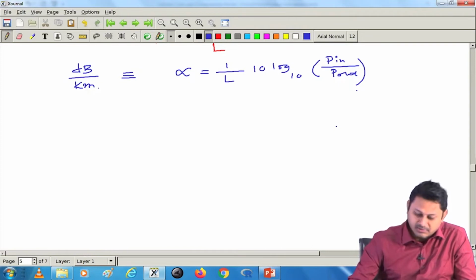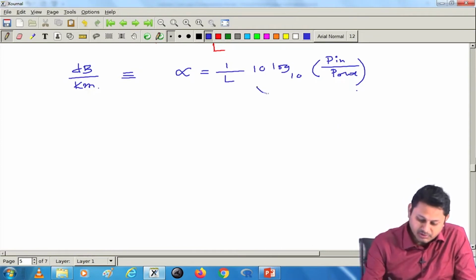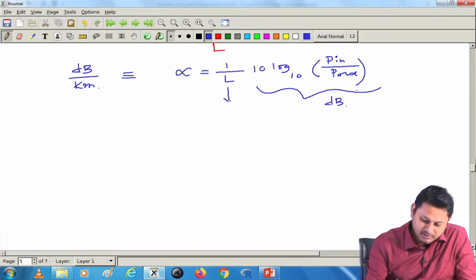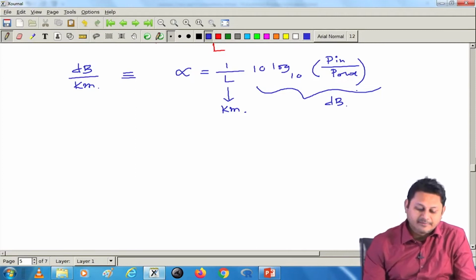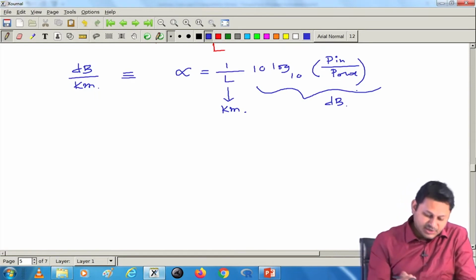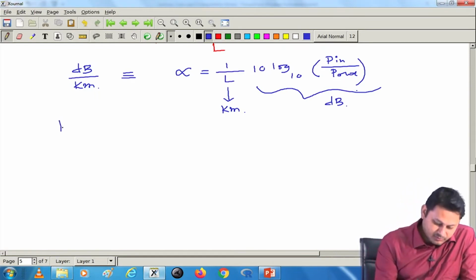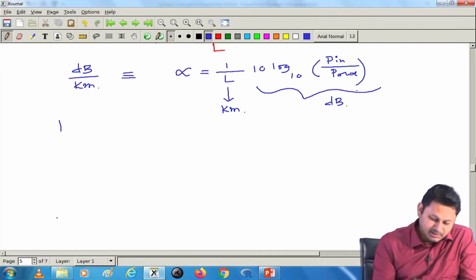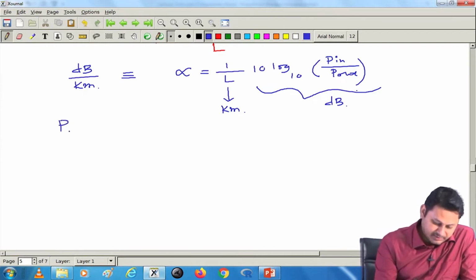This portion gives me the value in dB, and L is measured in kilometer. So overall I have alpha in terms of the unit dB per kilometer. I can chart it, because it is base 10.